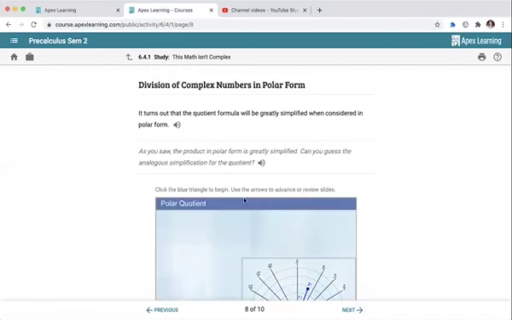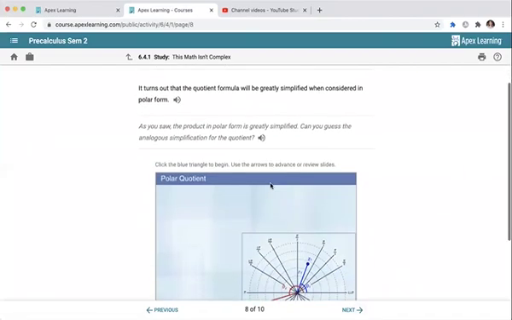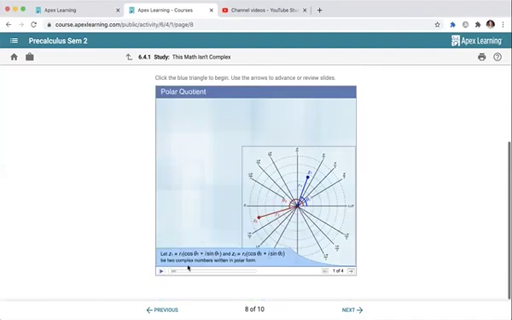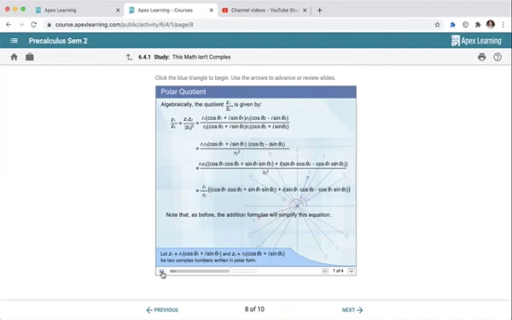Okay, so if we do division of complex numbers, it's going to simplify greatly here. Looking at our expression of Z1 and Z2, when we do our quotient, we're going to do the same thing where we multiply by our complex conjugate.